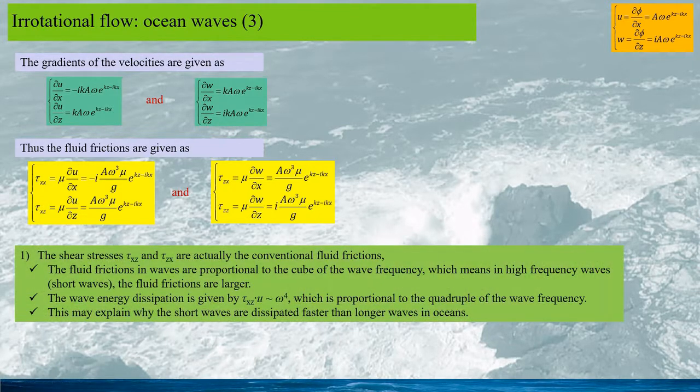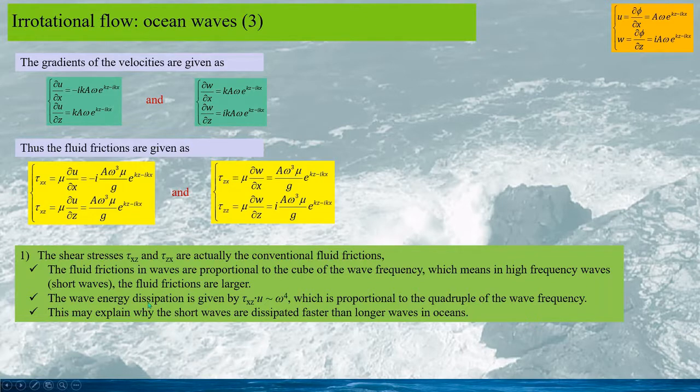So, from these equations, we can see the shear stresses tau xz and tau zx are actually the conventional fluid frictions. So the fluid frictions of the wave are proportional to the cube of the wave frequency, which means in high frequency waves, the fluid friction is larger.